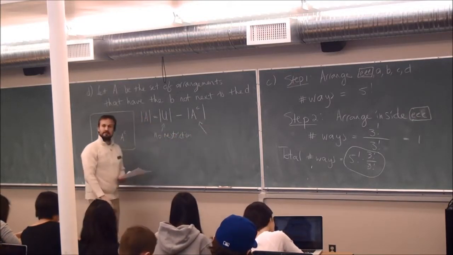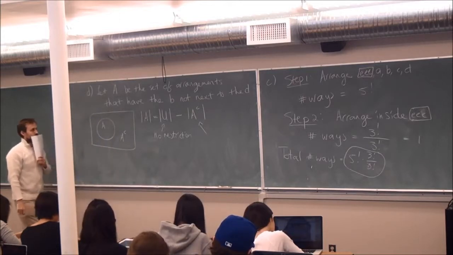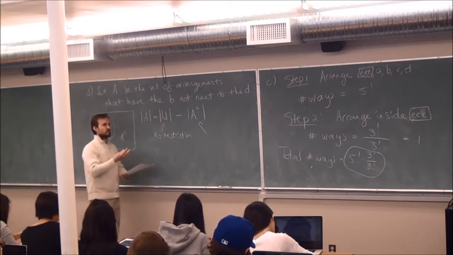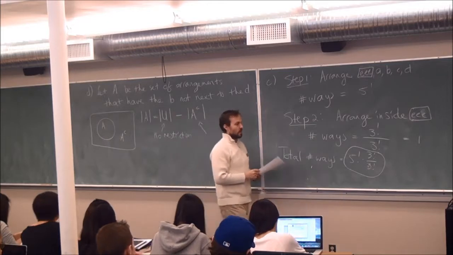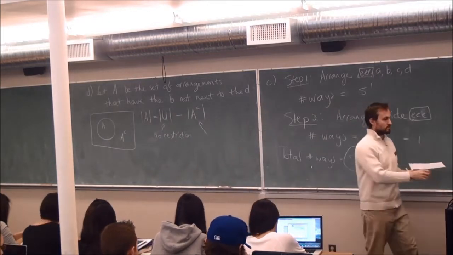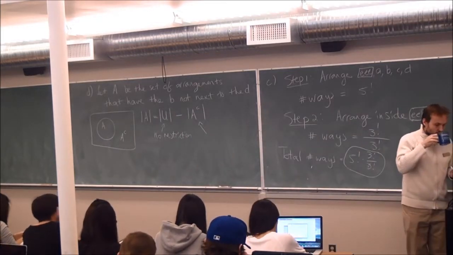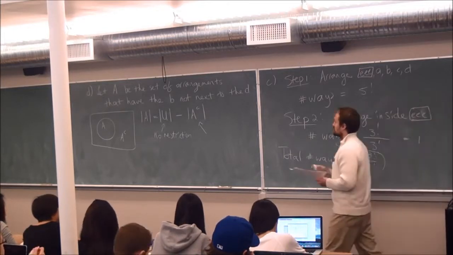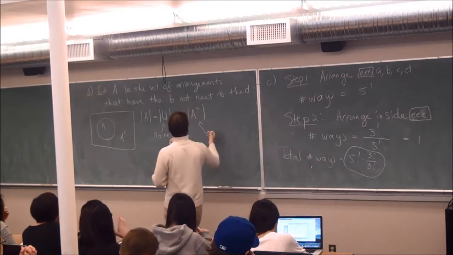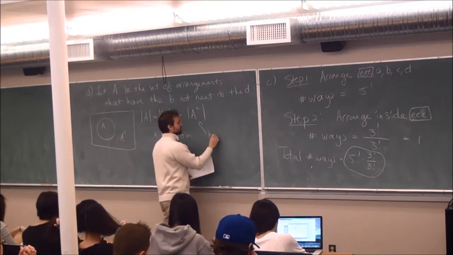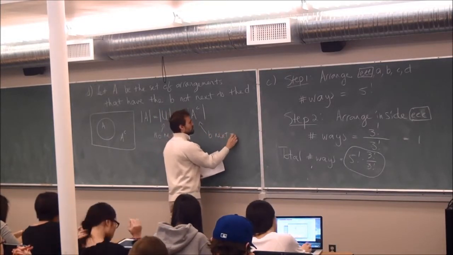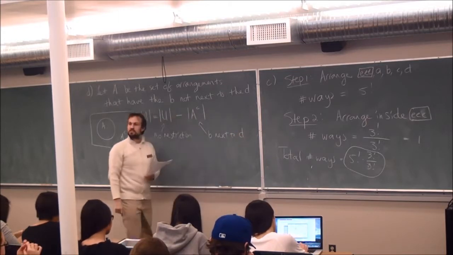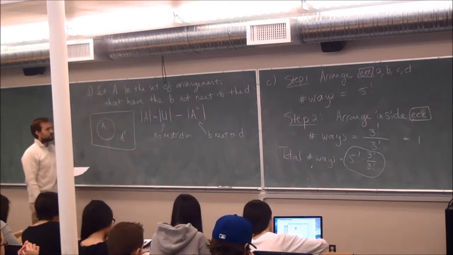And this is what? Where's the complement? I have to say it in words first, so that I have a clear idea of what I'm trying to count there. B and D next to each other. What is the opposite of B not next to D? Well, B next to D. B and D next to each other.